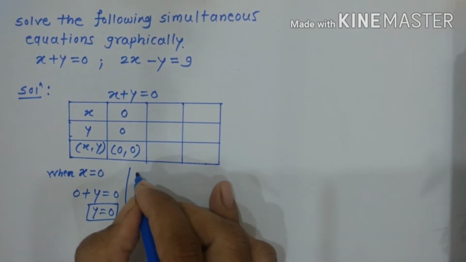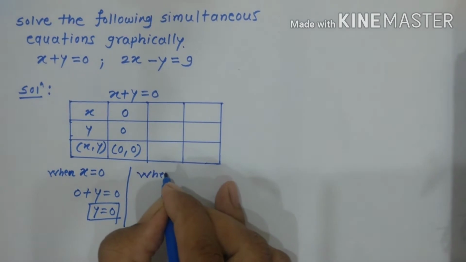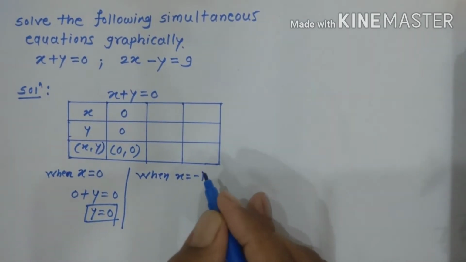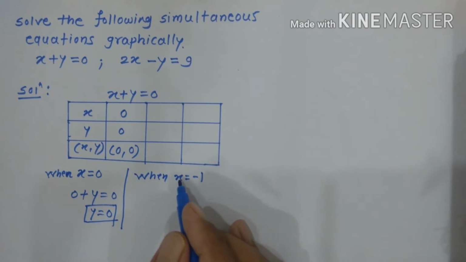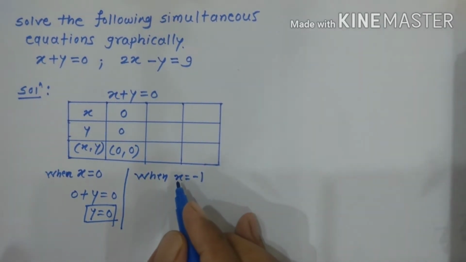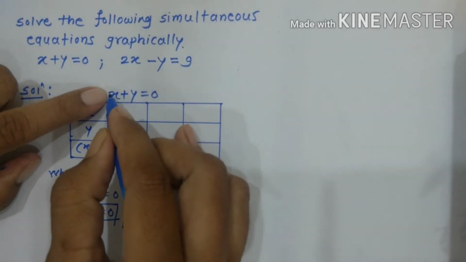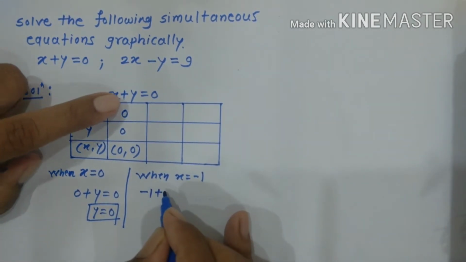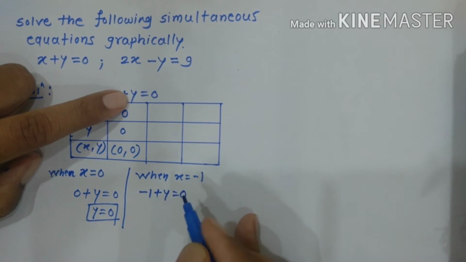Now I consider value of x is equal to minus 1. As I told you, you can take any value of x which is convenient for you. Therefore, I put minus 1 at the place of x. Therefore, equation becomes minus 1 plus y equal to 0.